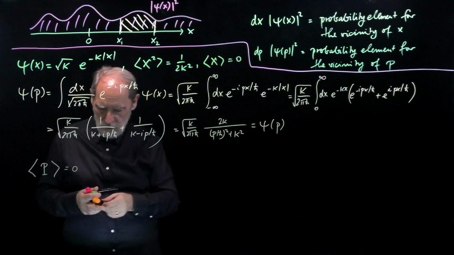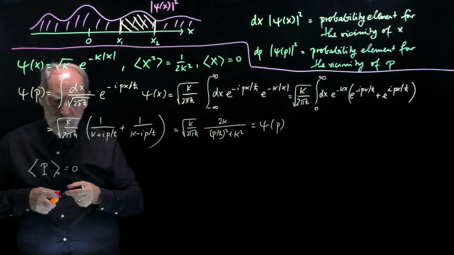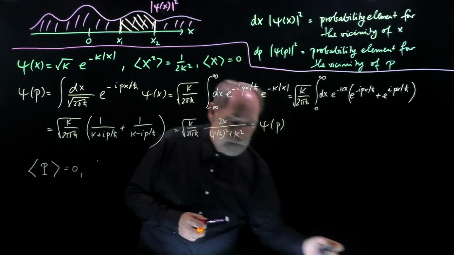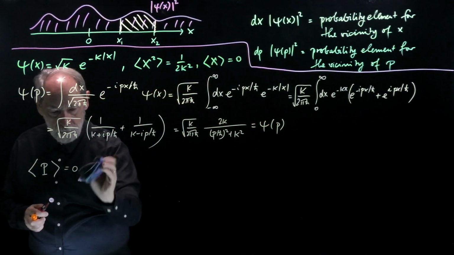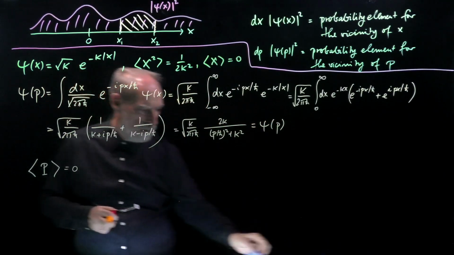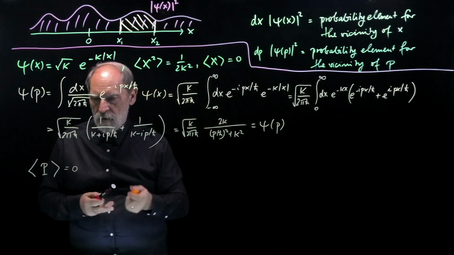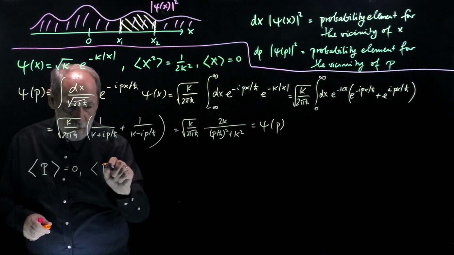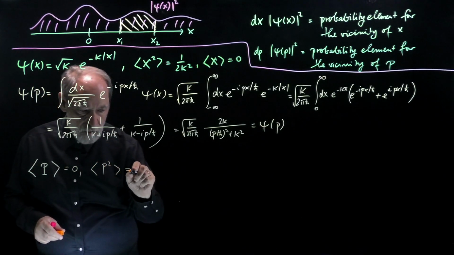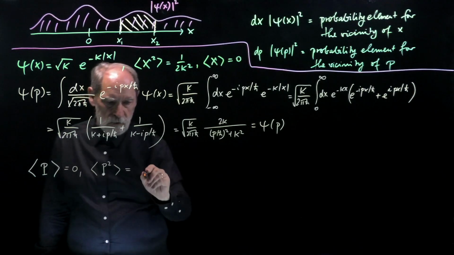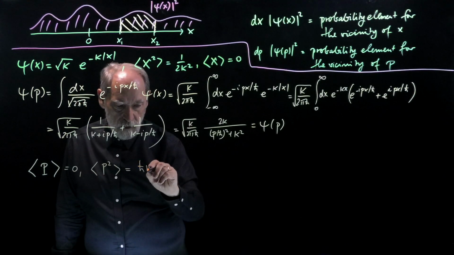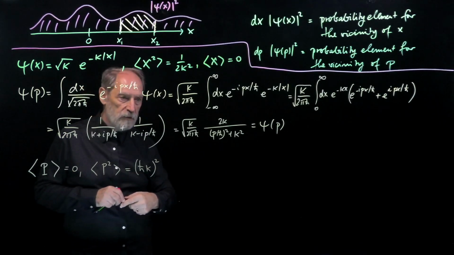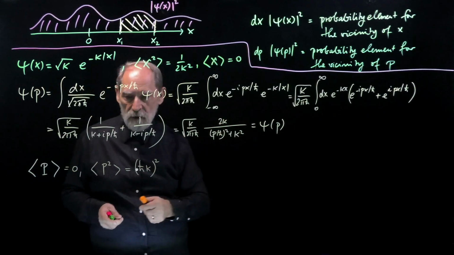And if we calculate the expectation value of p squared, we find that this is equal to h bar kappa squared, but I will not go through the calculation. I just leave this as an exercise.